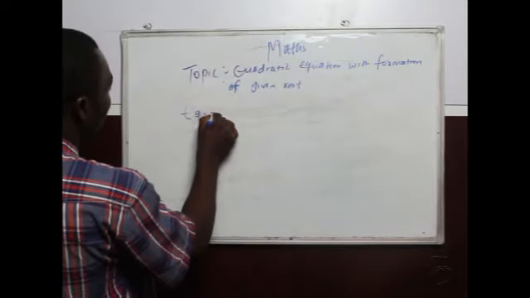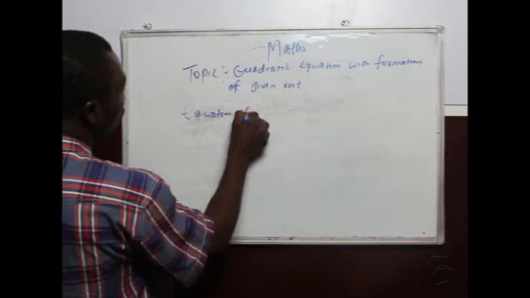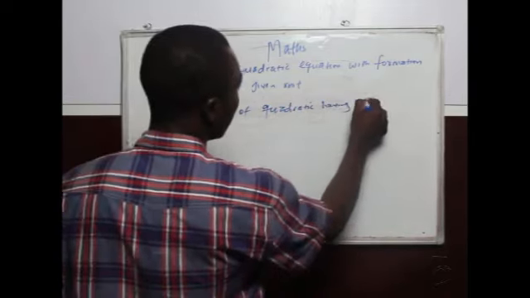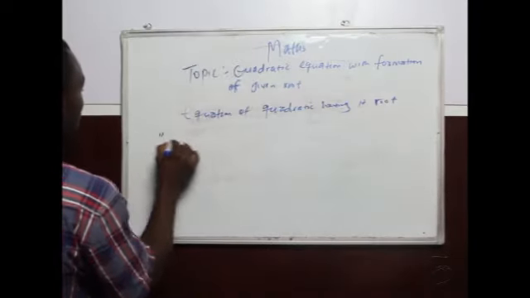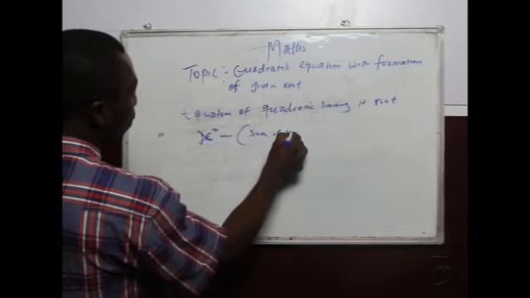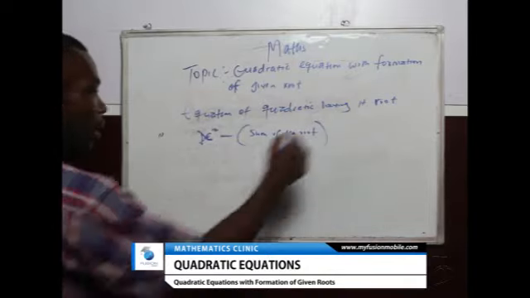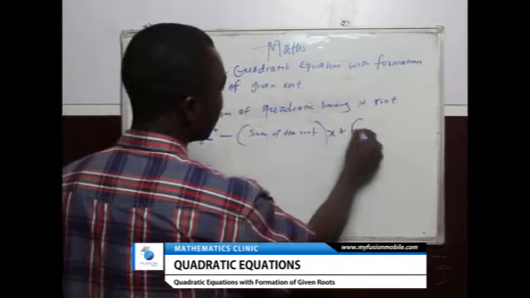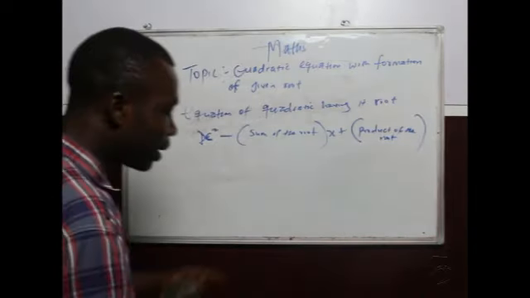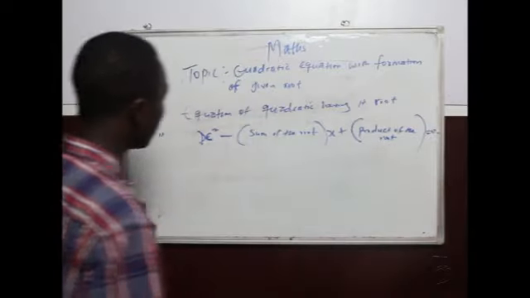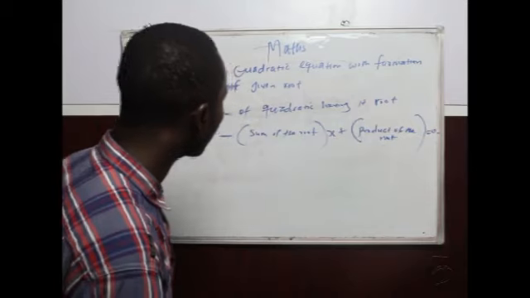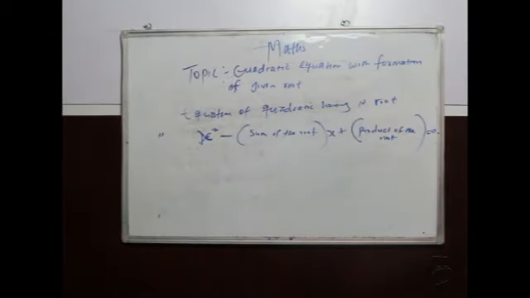The equation of quadratic having its roots is x squared minus, bracket, sum of the roots, close the bracket, x plus, bracket, product of the roots, close the bracket, equal to 0. That's the equation of quadratic having its roots.